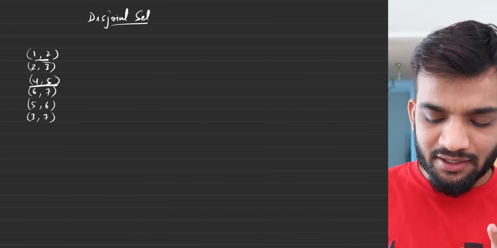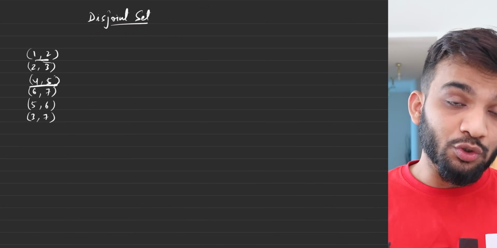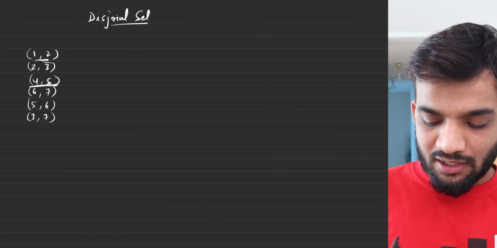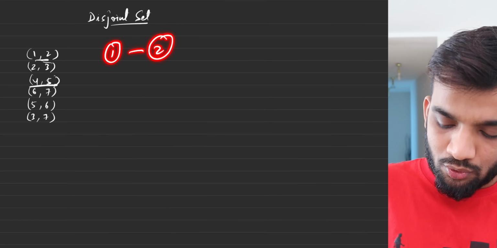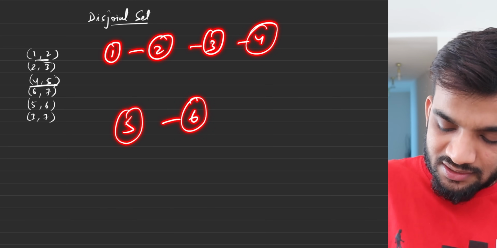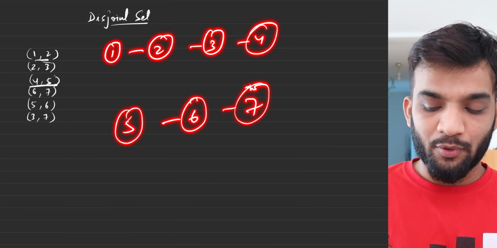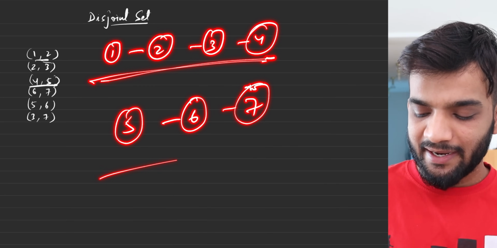So, let's understand why is disjoint set data structure used. So imagine I give you something like 1, 2, 3, 4, and I give you other portion like 5, 6, 7. This is a single graph, but it has two components. First one is this, second one is this.